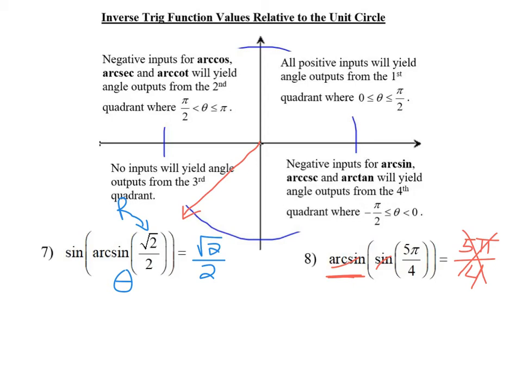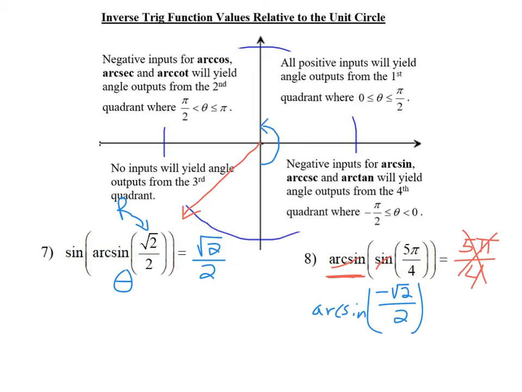All right, let's walk ourselves through it now. The sine of 5 pi over 4, I'm going to change colors here. The sine of 5 pi over 4, that's down here, of course, in the third quadrant. That's going to be negative root 2 over 2. Okay, so now we're asking ourselves, what's the arcsine of negative root 2 over 2? And arcsine, right, we know has to go somewhere between negative pi over 2 and positive pi over 2.